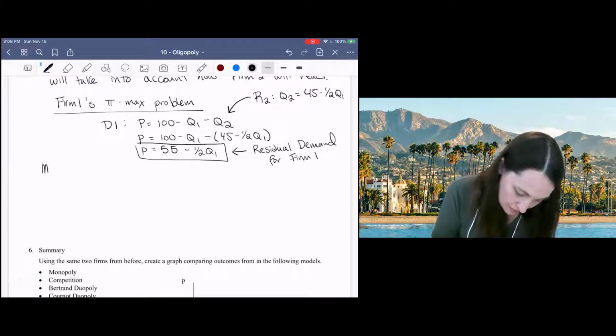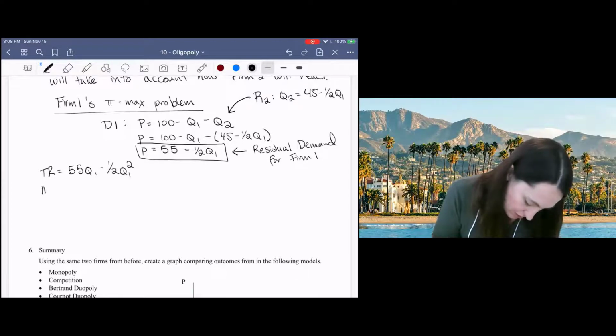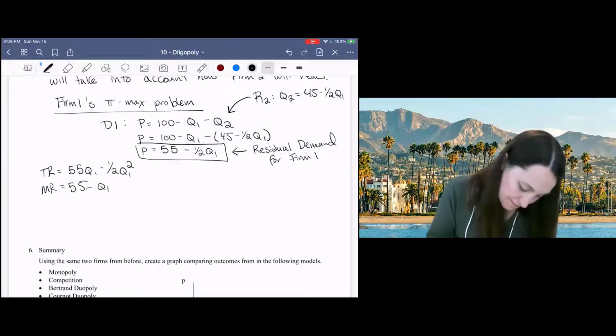Okay, so firm one has this residual demand equation. Total revenue is going to be 55 Q1 minus 1/2 Q1 squared, and then marginal revenue will be 55 minus Q1.